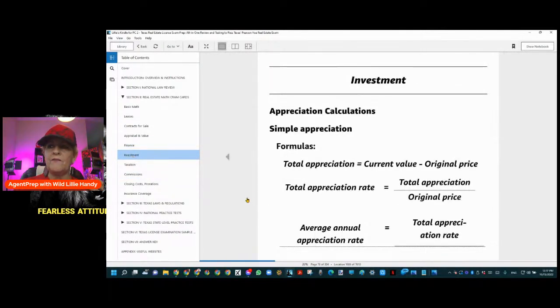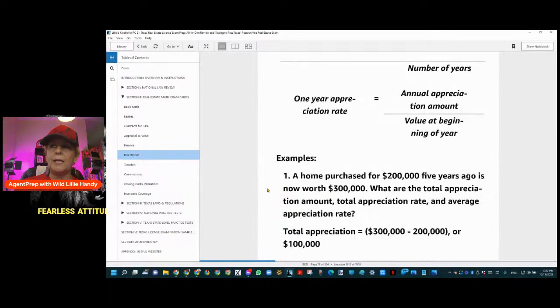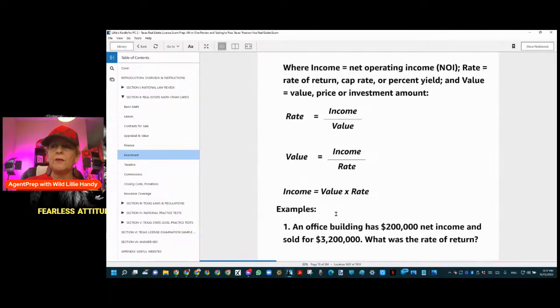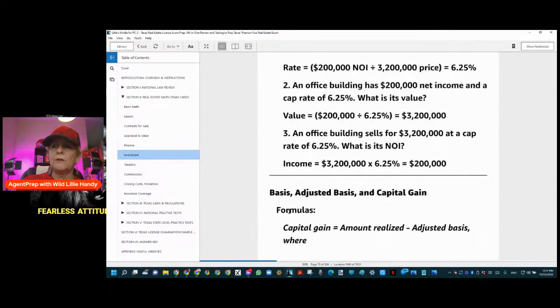So you may have investment questions, okay? Appreciation, cap rate, appreciation rate. So those are some examples. Compounded appreciation, rate of return, okay? Rate equals income over value, value equals income over rate. They just changed the denominator.